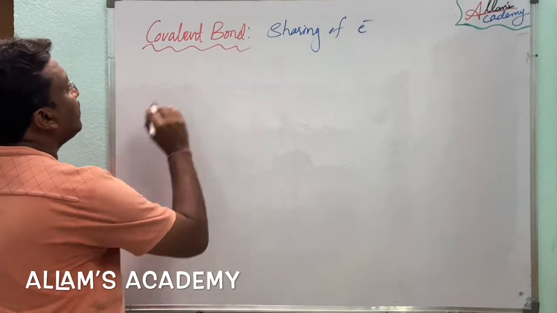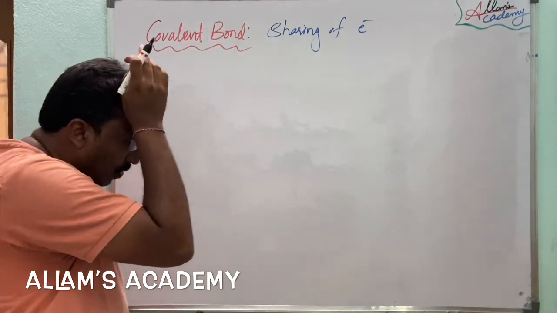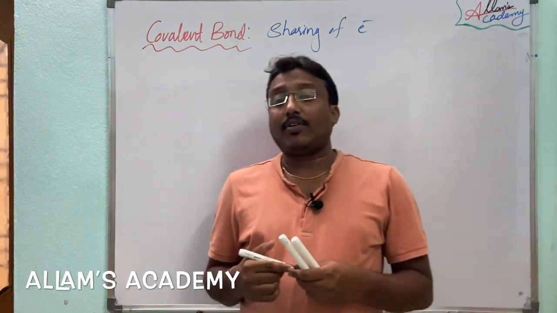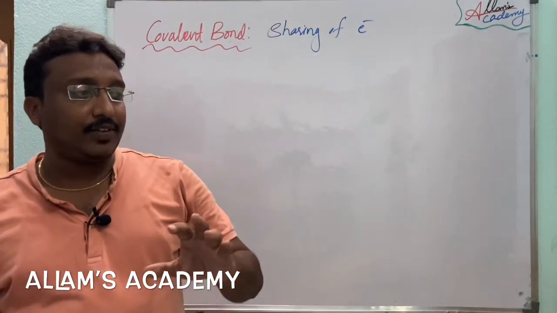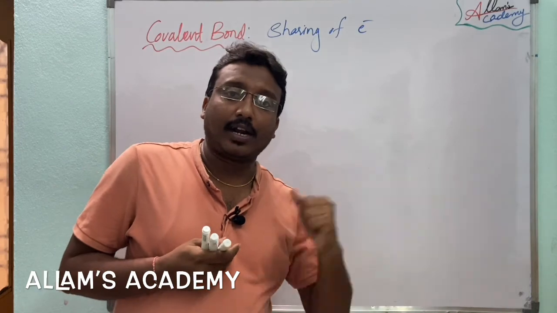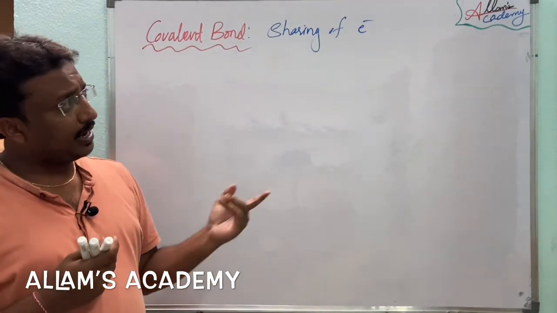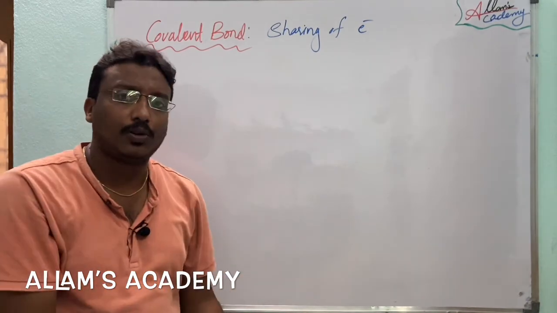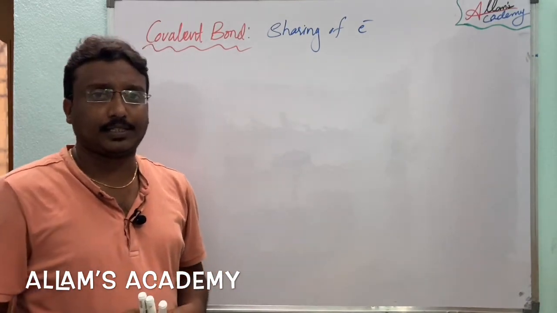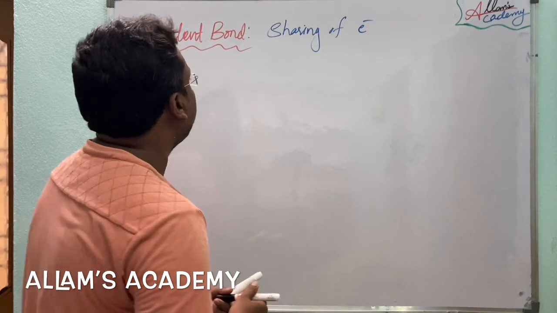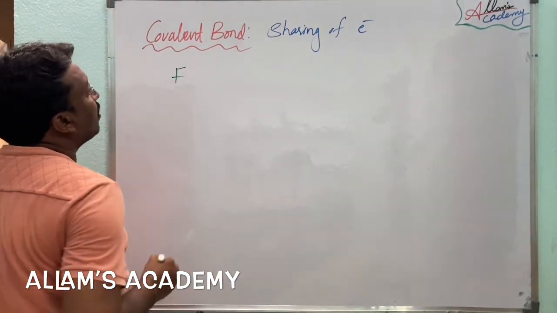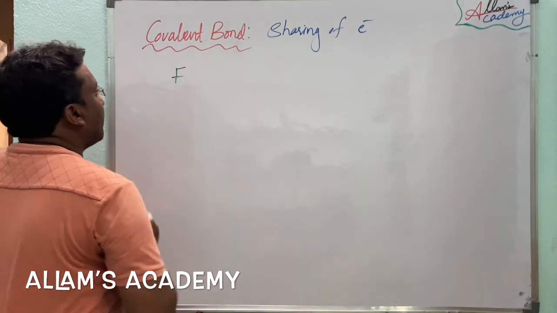Here I will give you one example: bond formation between fluorine atoms. Here you have to notice one thing. Ionic bond never takes place between the same atoms of an element, but covalent bond formation can take place between the same atoms of an element. The example is fluorine.